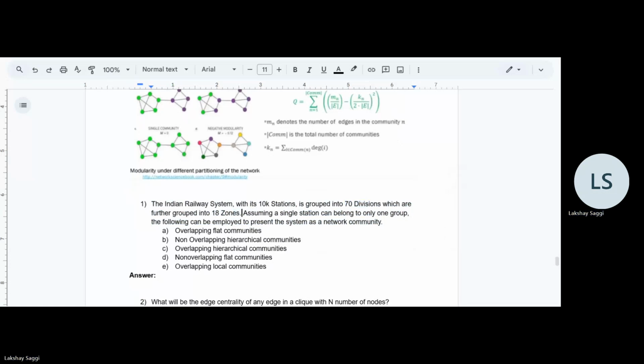So that's why this will be an example of a non-overlapping hierarchical community. So this will be option B, as is clear from the definition. So it's not really difficult.